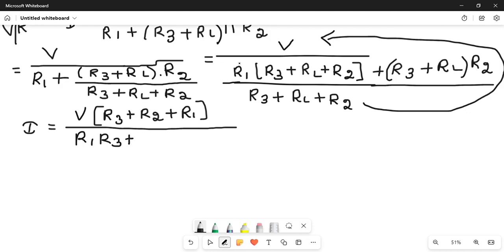So this R1 gets multiplied to R3 as well as RL as well as R2, right?